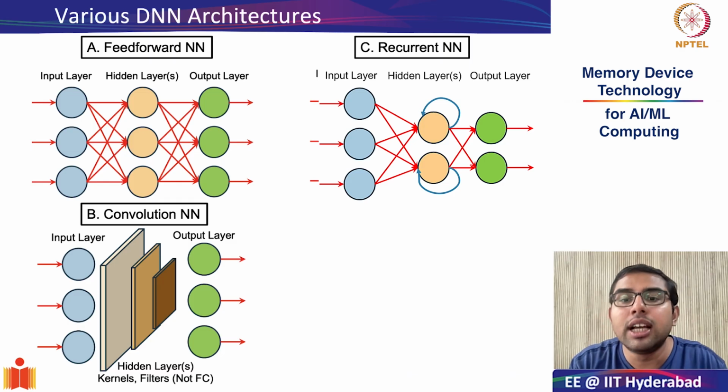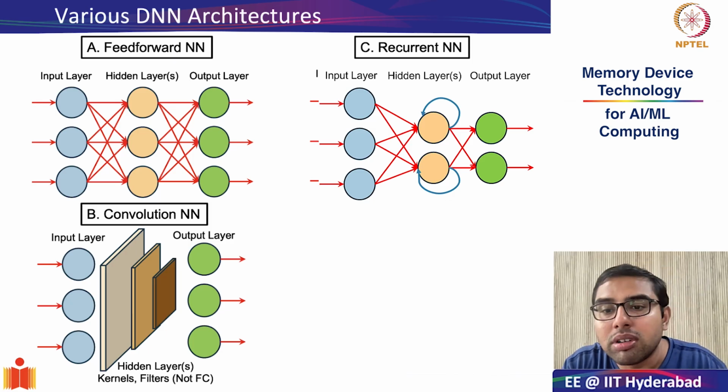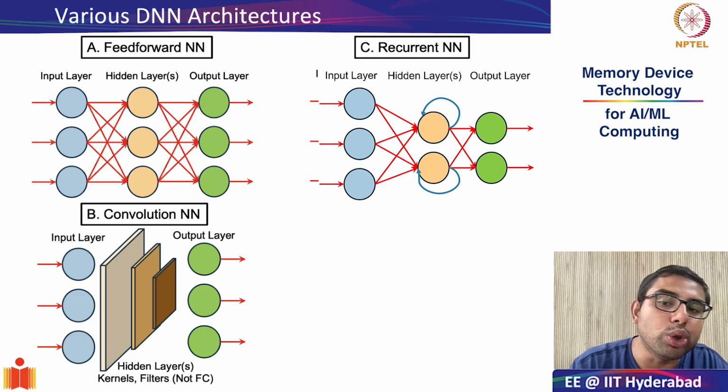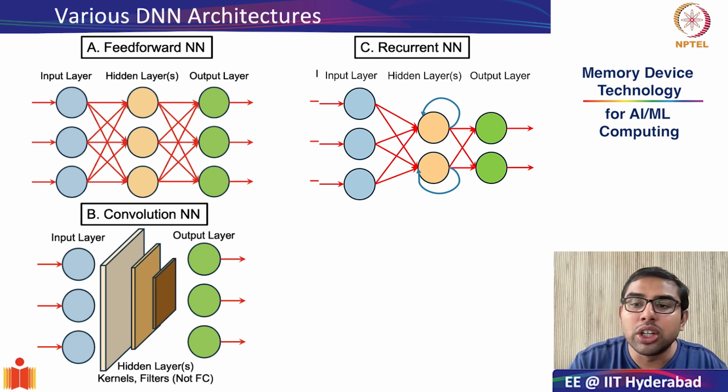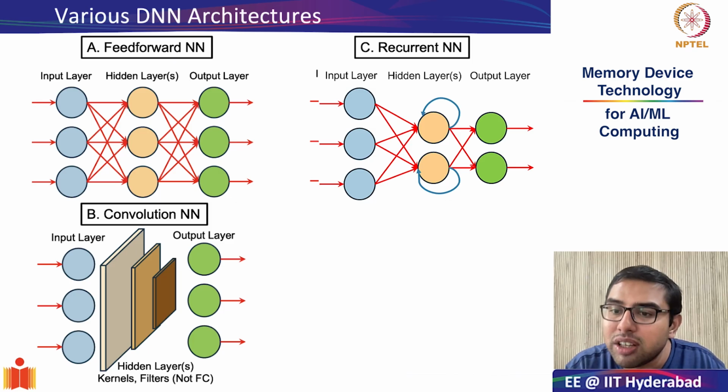To fix this, we use advanced versions of RNNs such as LSTMs, which are an acronym for long short term memory, or even GRUs, which are gated recurrent units, which add gates to control what information gets remembered or what information is forgotten.